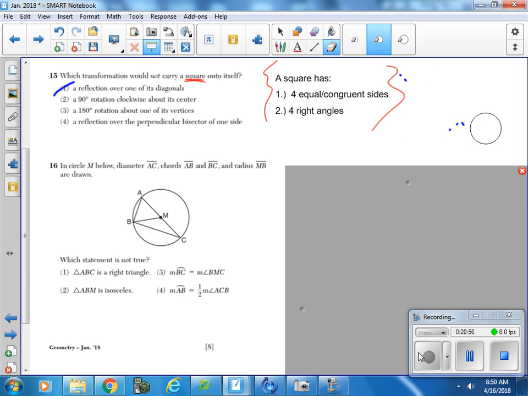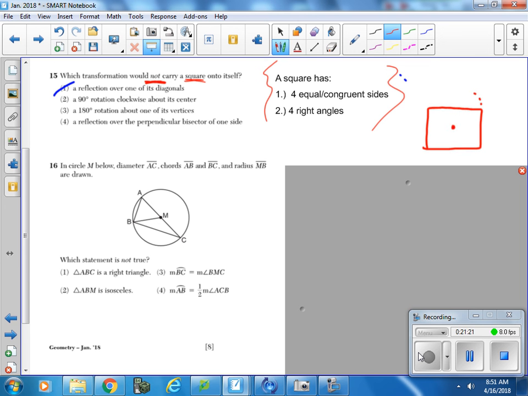And let's look at the second one. It says a rotation 90 degrees clockwise. Now, just a point I want to bring out. It says would not carry a square onto itself. So we're looking for the one that will not. That means 3 of them will. Okay, so keep that in mind. So rotation 90 degrees about its center.